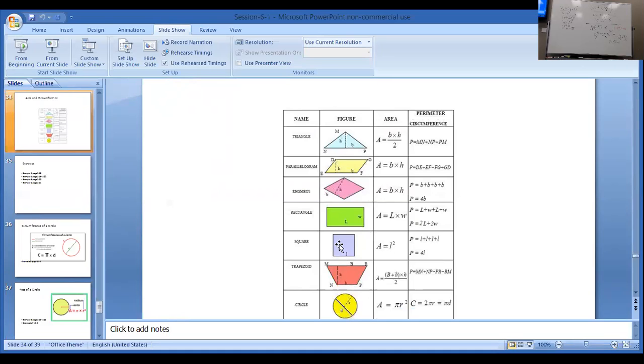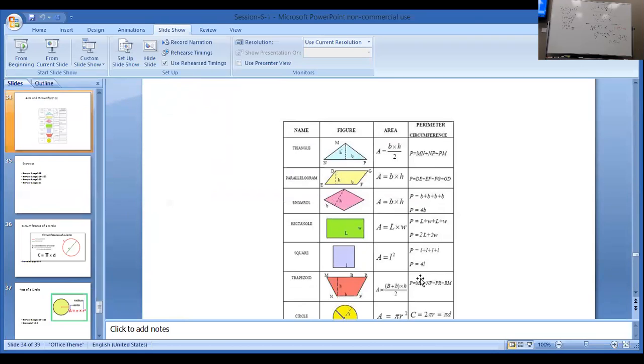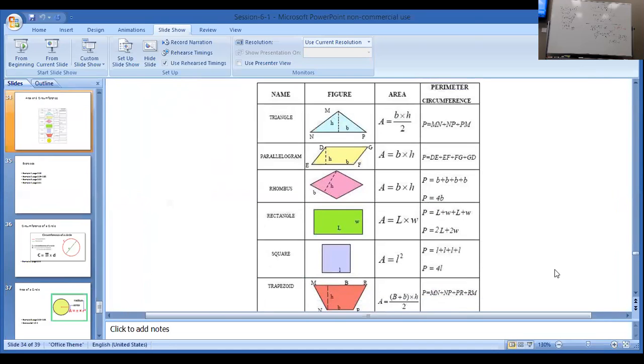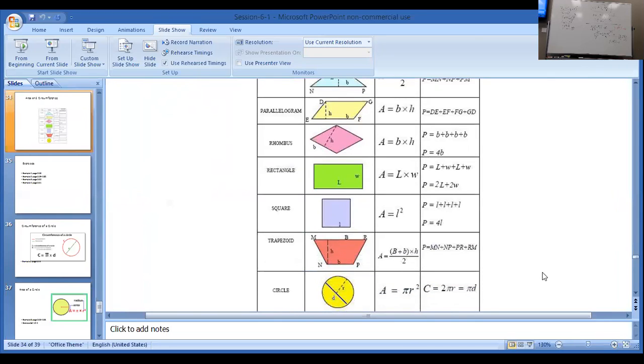For a square, all sides are equal, so one side to the power of 2. For a circle, the area is the number pi times radius to the power of 2. Circumference is 2 pi r. I give you these formulas, so if you memorize them, it's good, but if you didn't, that's okay too.